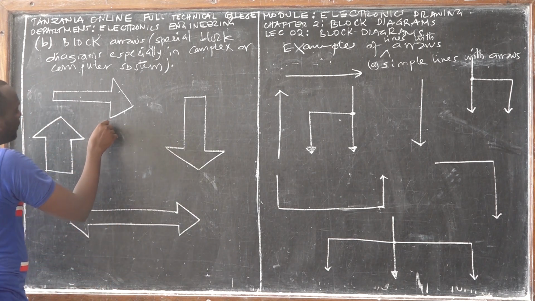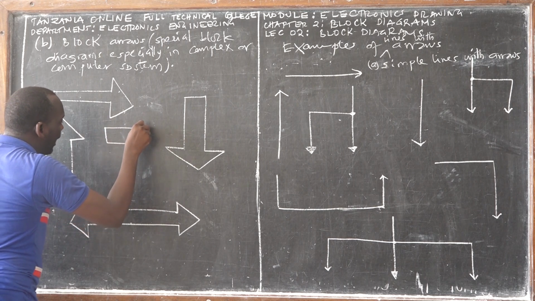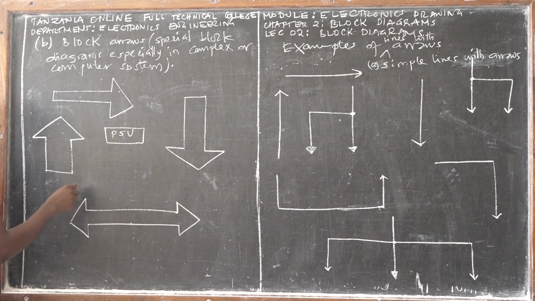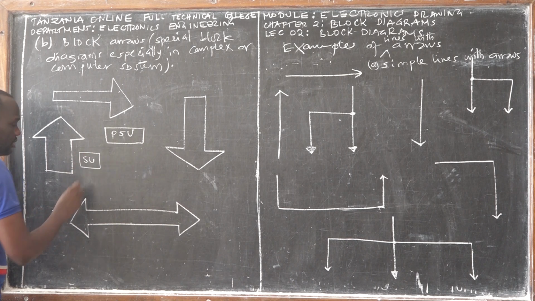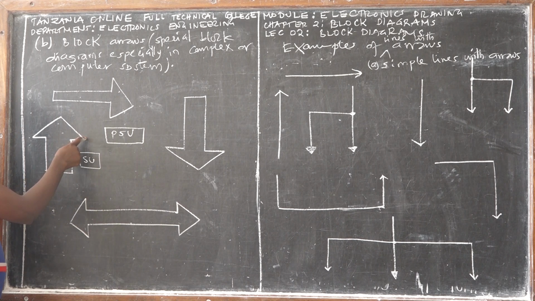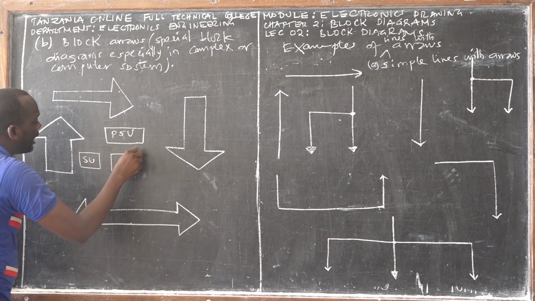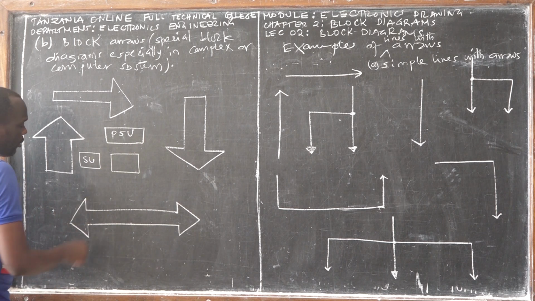Suppose that you have a block, we call it a power supply unit. And then you have another block, a sensing unit, for instance, that needs power, right? Then you have another block, a control unit.